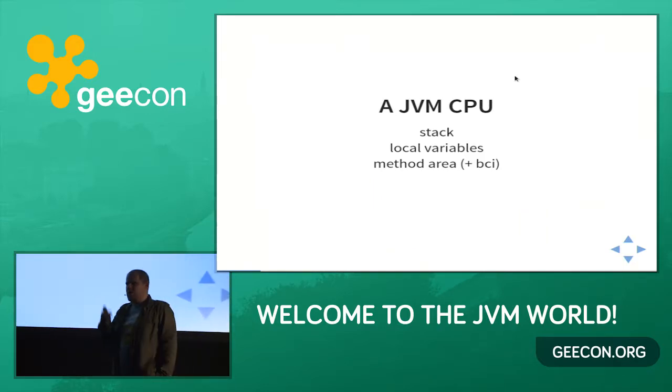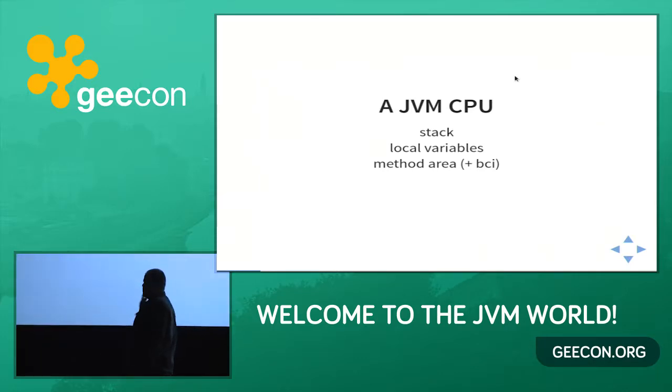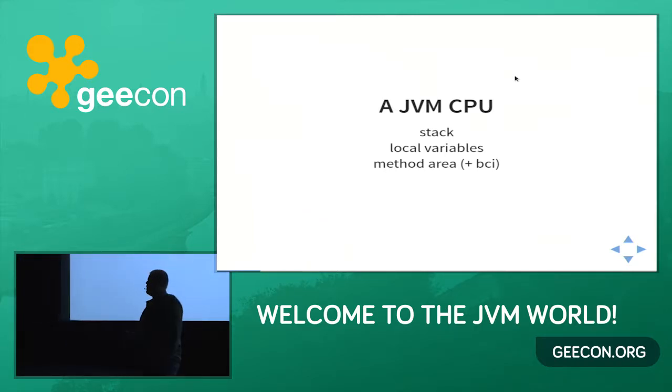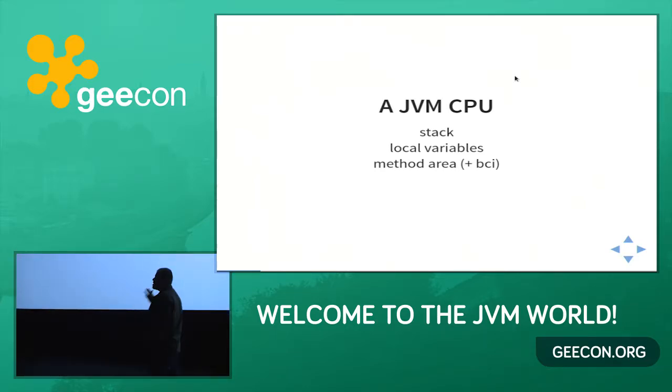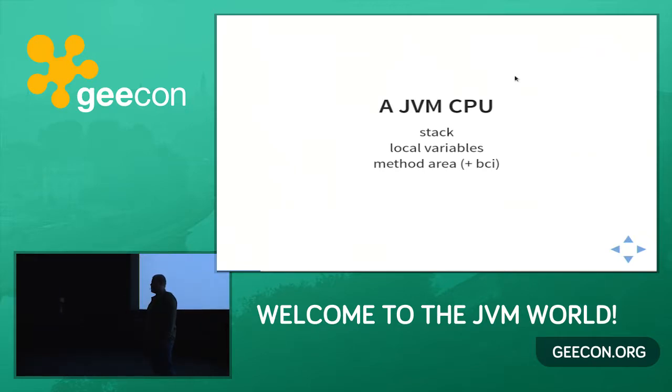So why, in the world of register-based CPUs, did somebody decide to create a stack-based CPU? I have just 3 slides, so you need to talk with me. Very simple reason. The problem when the creators were building the JVM is that you have different register sizes and different numbers of registers in different CPUs.